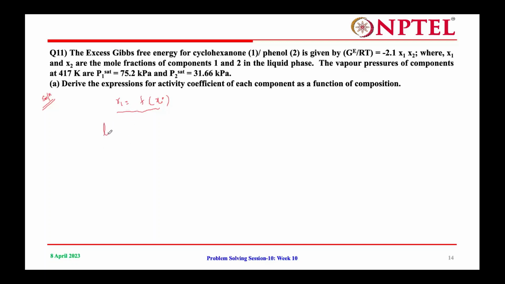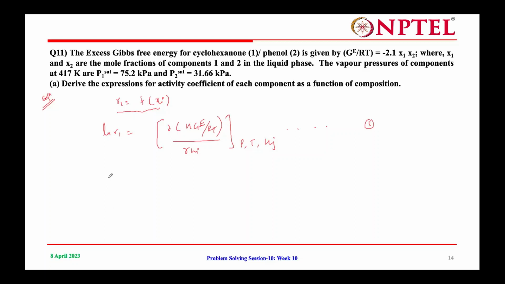So ln gamma i is equal to the partial derivative of n GE by RT with respect to ni at constant pressure, temperature and the other mole numbers. Here i is the component. This is equation 1.